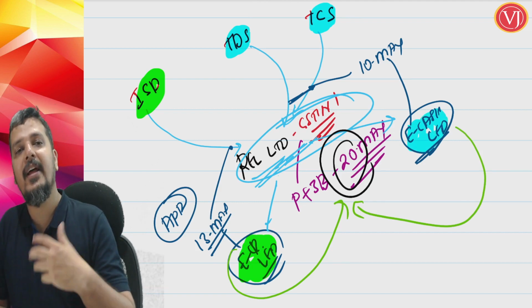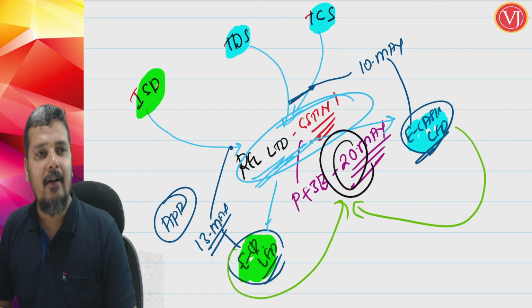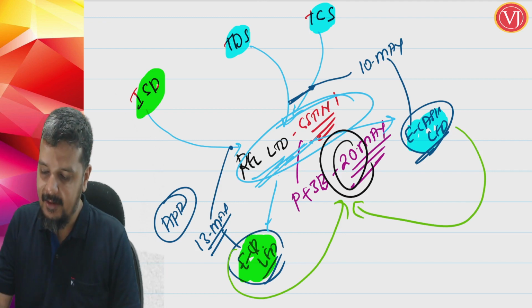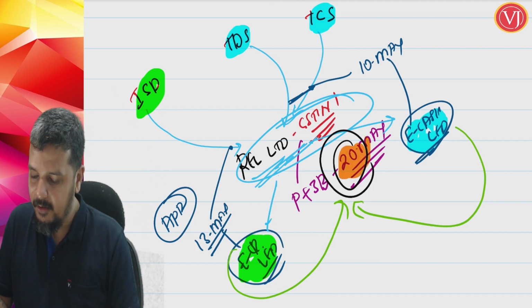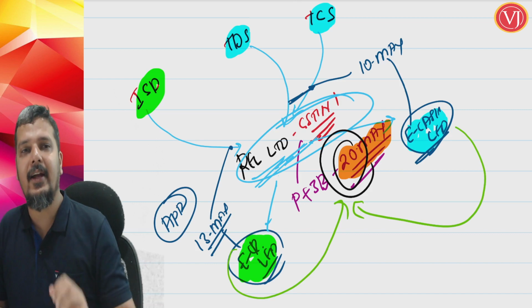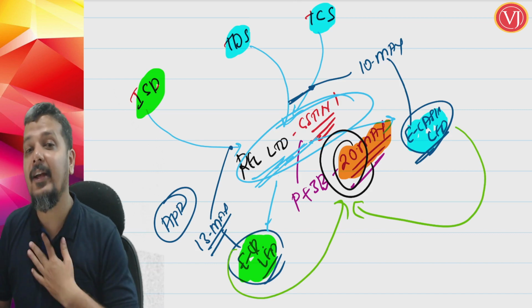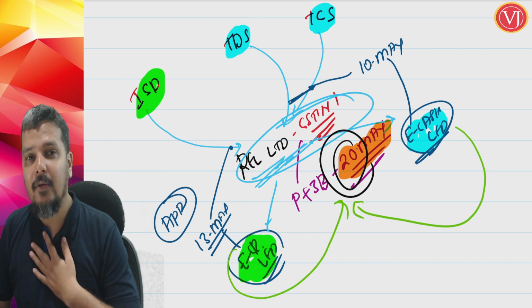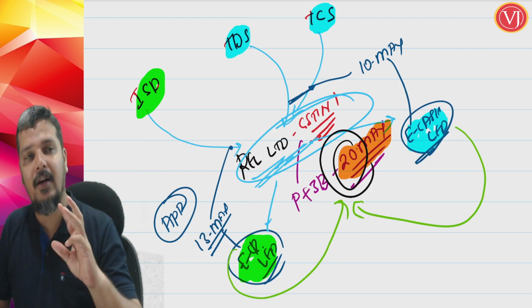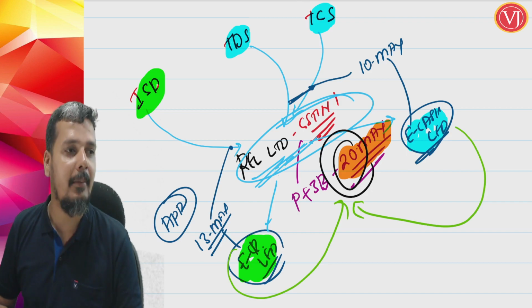If they did their work on or before my due date of payment, whenever I am making the payment on or before 20th of May, I get the credit in the electronic credit ledger, I get the cash in my electronic cash ledger, so that I can use it. That is the logic of having the due dates of ISD, TDS and TCS a bit earlier.